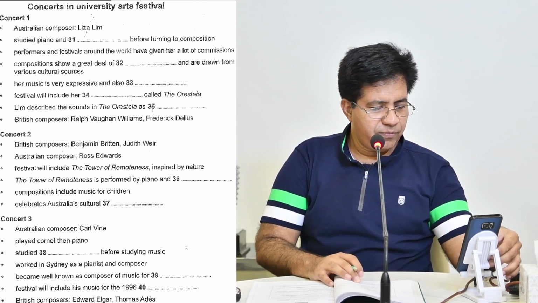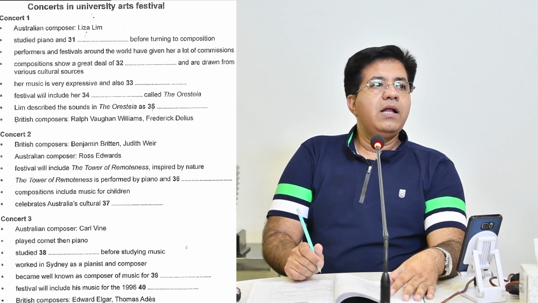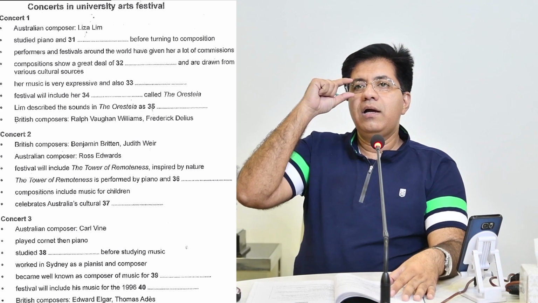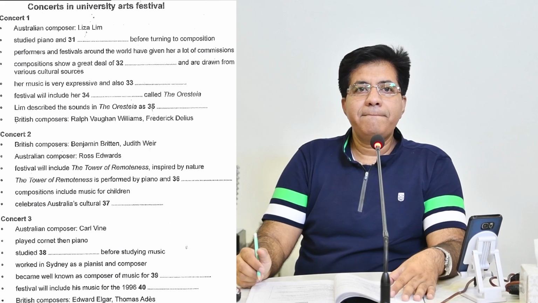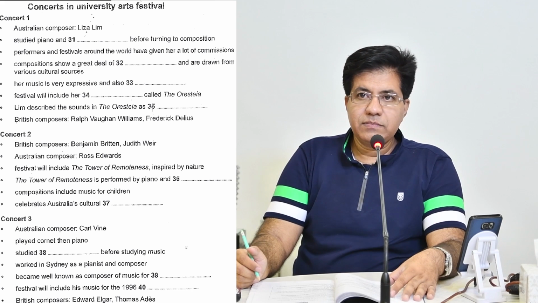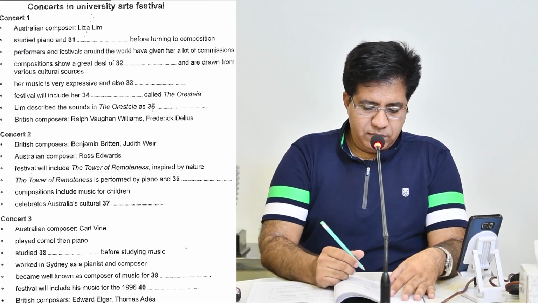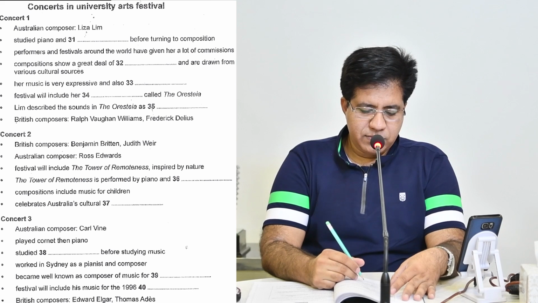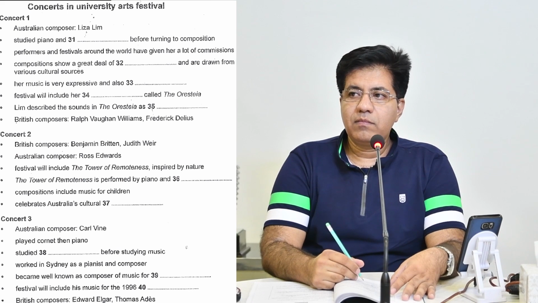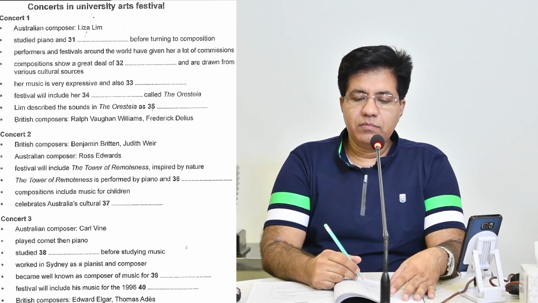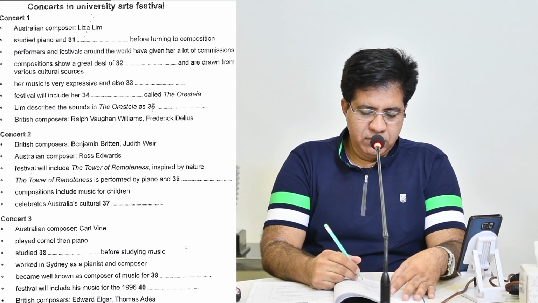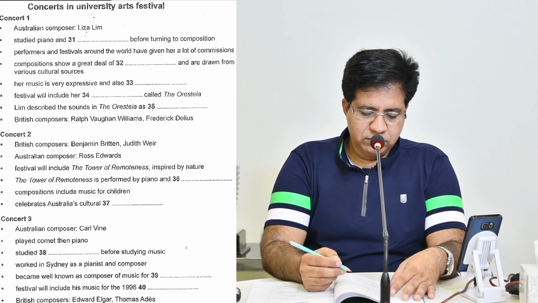So let's see. The last of the 3 Australian composers to be represented in our festival is Carl Vine. Born in 1954, Vine, like Liza Lim, comes from Perth, Western Australia. He took up the cornet at the age of 5, switching to the piano 5 years later.